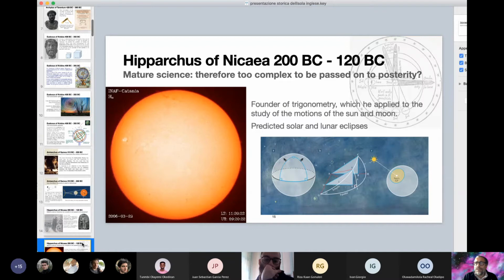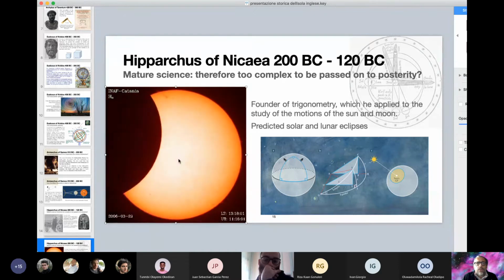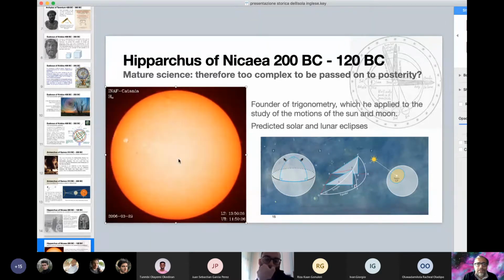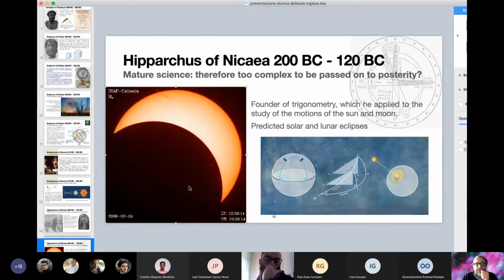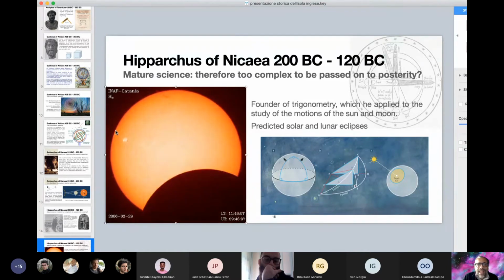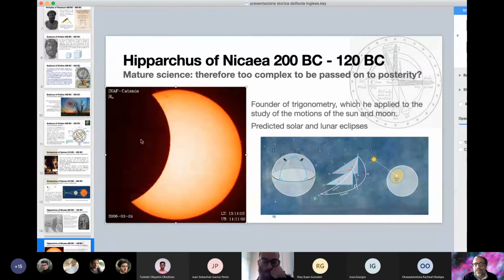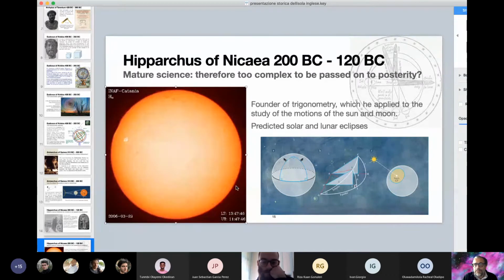How did Hipparchus do this calculation? When you see an eclipse, you can calculate the time when the moon is passing in front of the sun. Then you can measure the apparent angle of the diameter of the sun from the Earth.